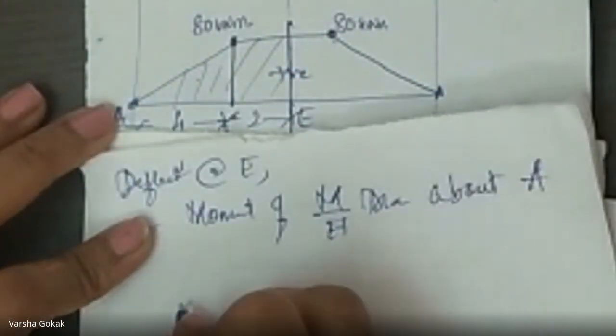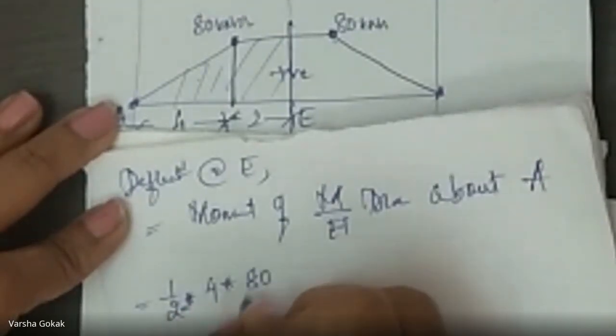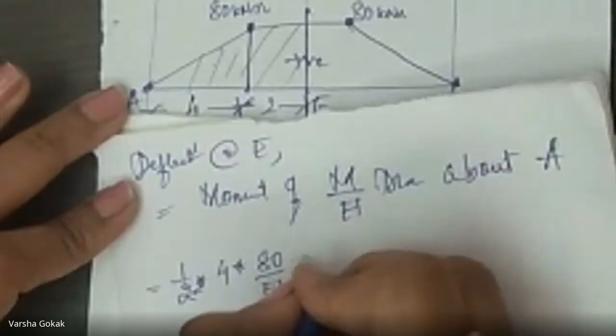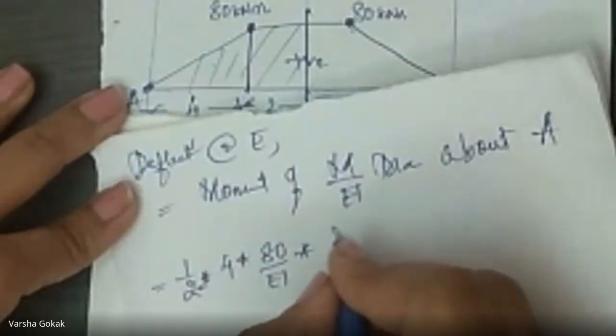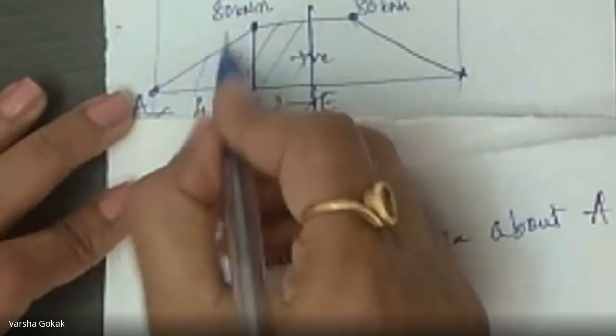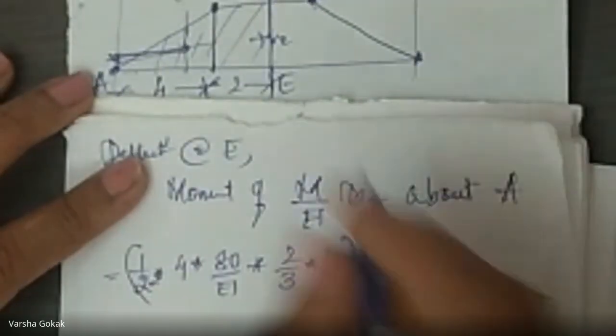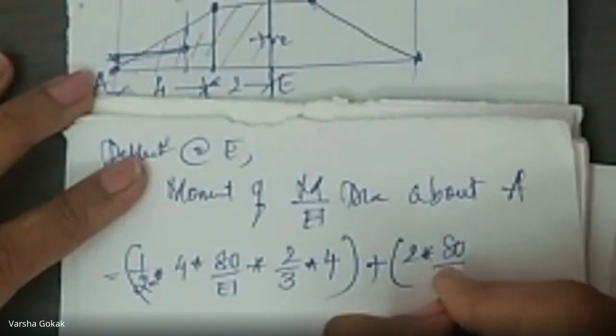So first let us do it for the triangle. So it is half base, height is 80 by EI, okay, into, now CG. CG is going to be 2/3 of 4. CG is here, about this point. So this is going to be 2/3 of 4. This is for the triangle plus rectangle. 2 into height, that is 80 by EI, into half of 2, that is 1 plus 4.